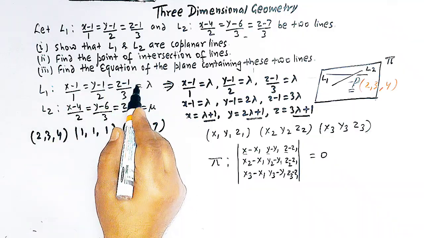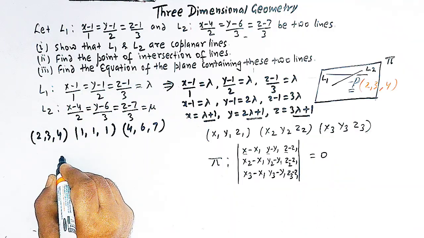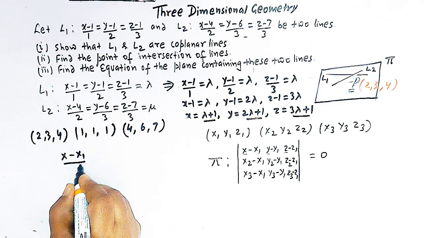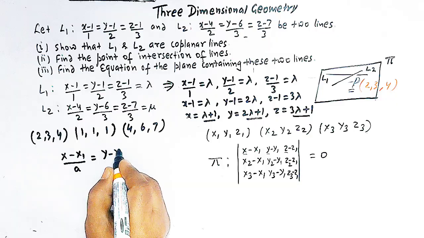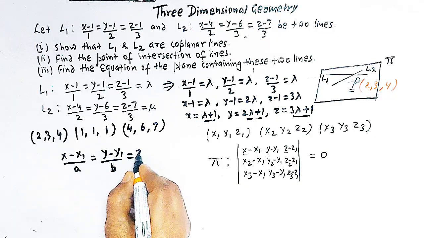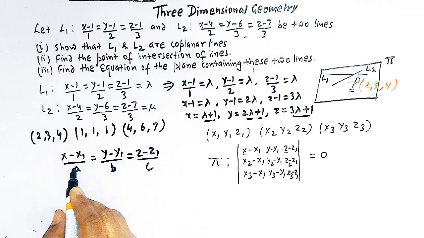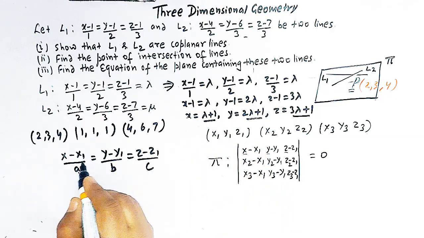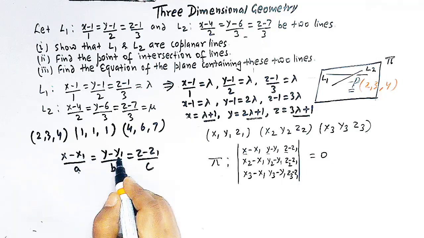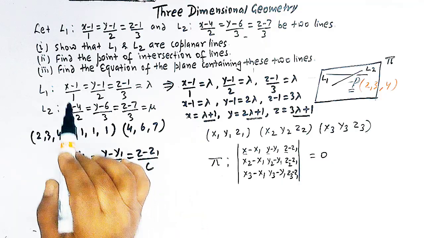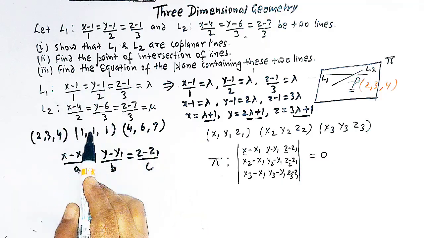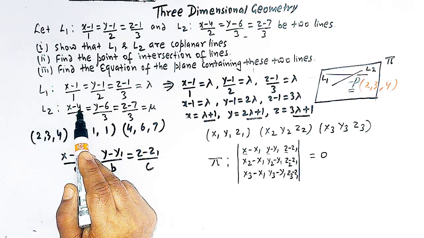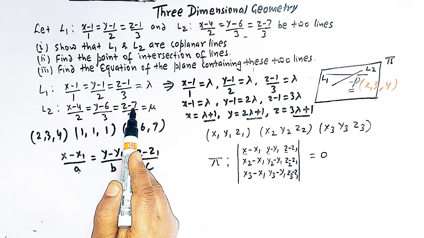Here we have used the concept that the equation of any line is given by x minus x1 over a, y minus y1 over b, and z minus z1 over c, where a, b, c are the direction ratios of the line, and the line contains the point x1, y1, and z1. So here we have 1, 1, 1 on L1, and in the line L2 we have the point 4, 6, and 7.